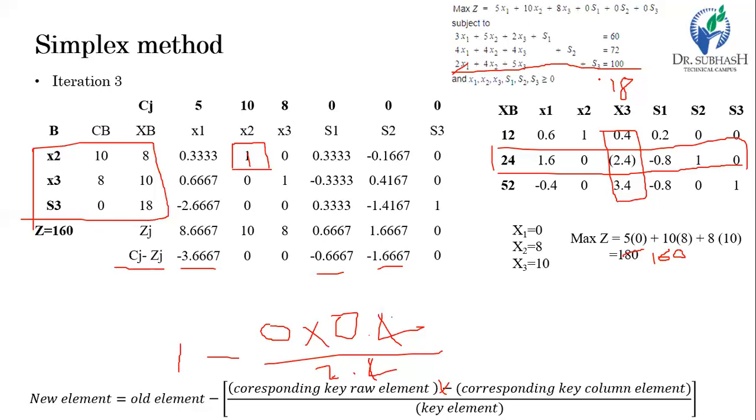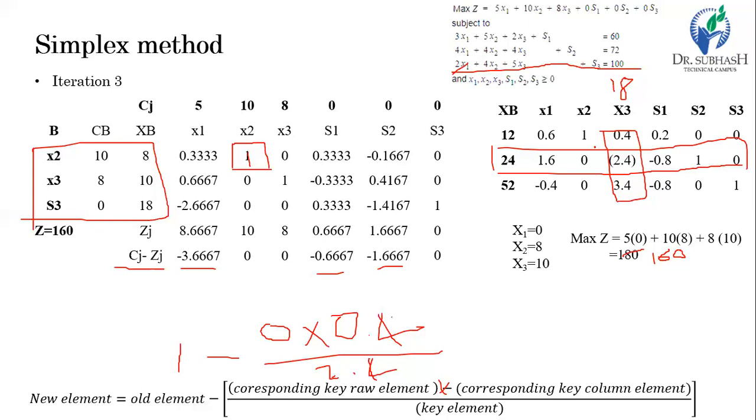Then check that IBFS for optimality, whether it is optimal or not. If it is not optimal, then modify the solution or modify the basic variables by considering the key column and key row, and replace the outgoing variable with the incoming variable with the help of a standard procedure, and do this process until you get the optimality condition.